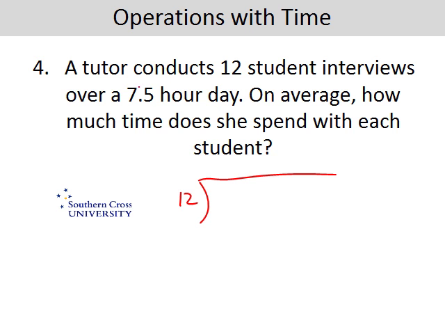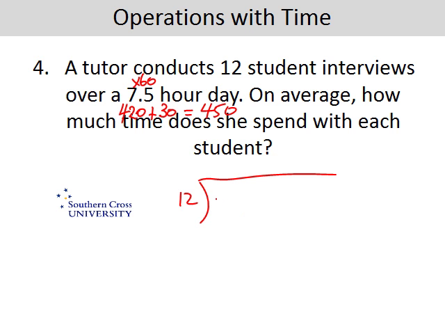So we know that 7 hours is 7 times 60. 7 sixes are 42, so that's 420 minutes. And we know that half an hour is 30 minutes, so that's 450.